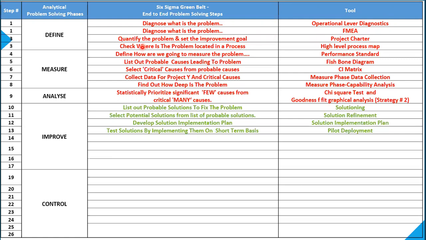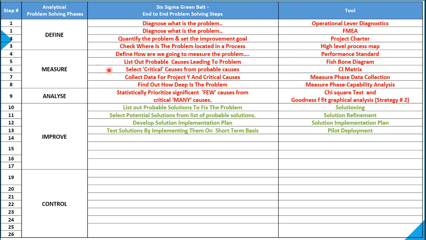We tried to see where the given problem is actually lying, and we did that through a high-level process map. That's where we were done with the define phase, which helps us answer a couple of questions: what is the prioritized problem, what is a critical problem to work upon, and where that particular problem is lying in the process?